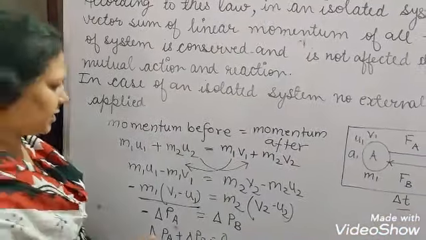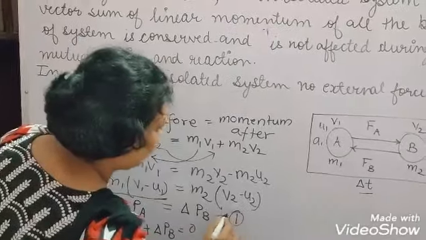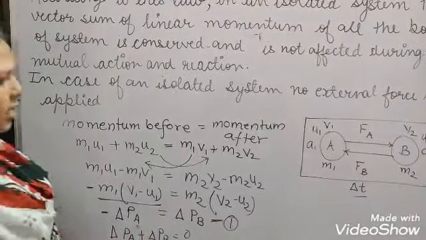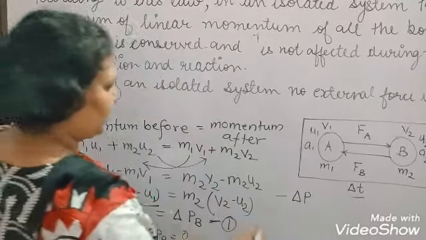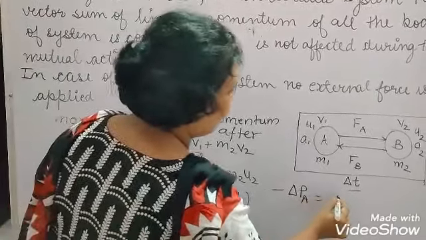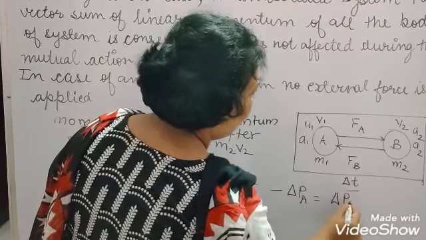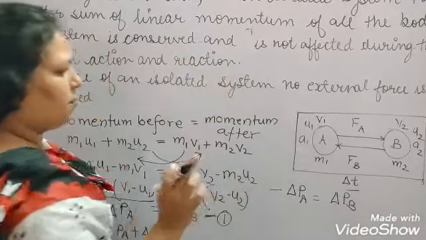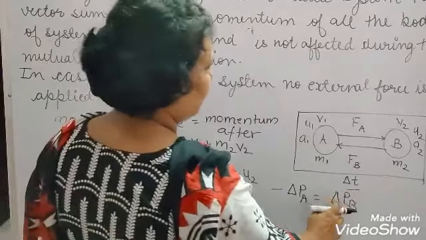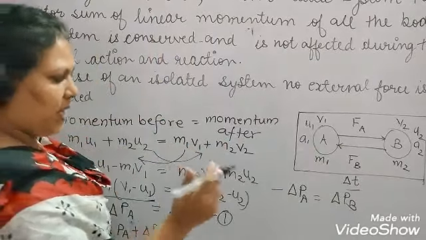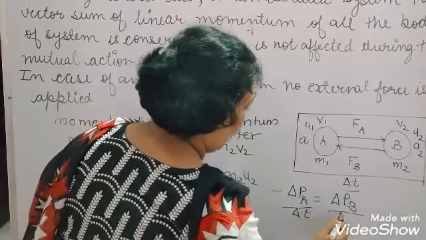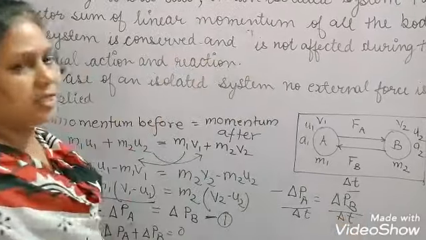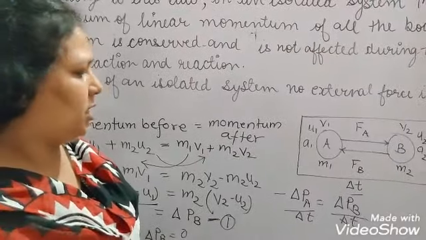So this is the equation, suppose this is equation 1. Here it is minus del PA is equal to del PB, the change in momentum in the body A is equal to change in momentum in the body B. If you divide this with the time del t on both sides, there will be no effect on the equation.